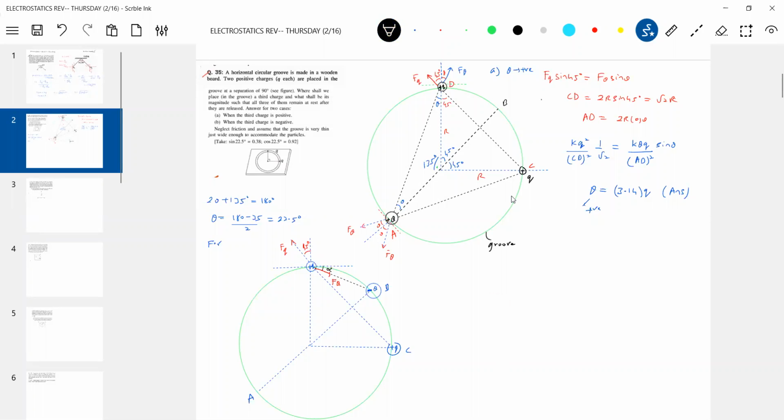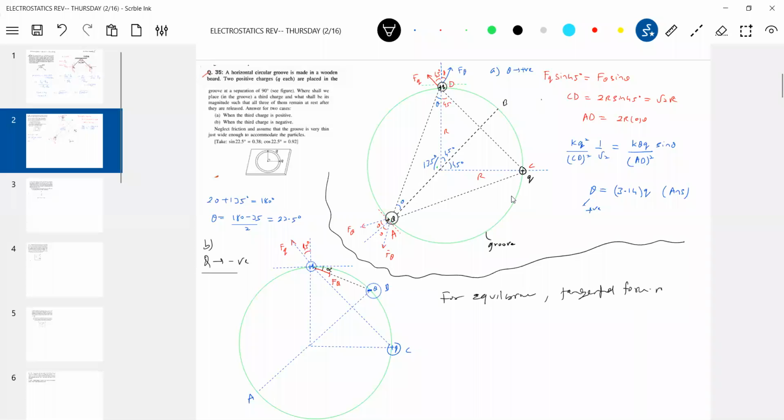So for equilibrium, we are discussing the second case here. For equilibrium, the net tangential force on the particle must be 0.